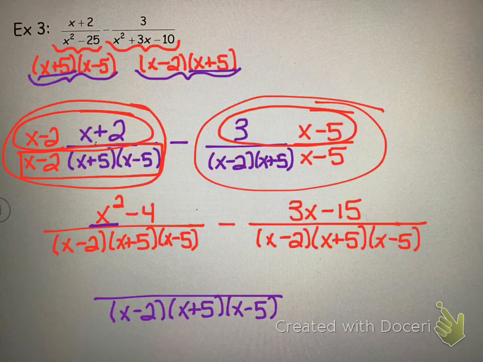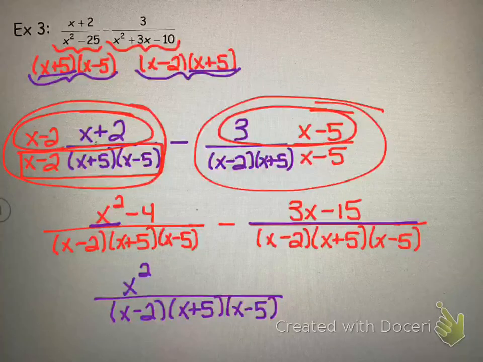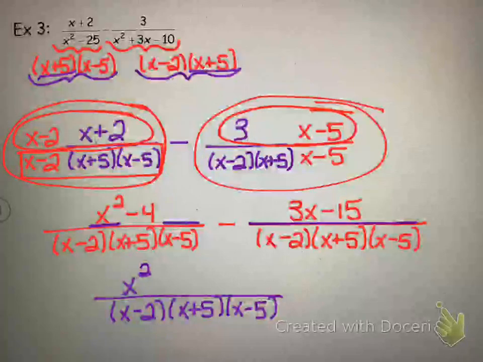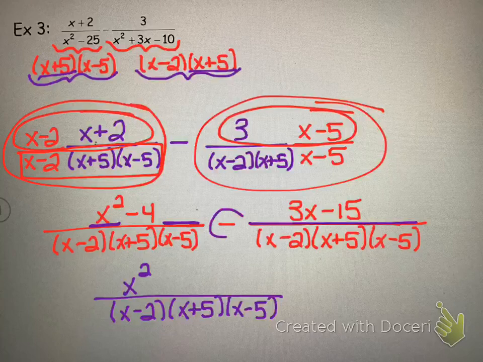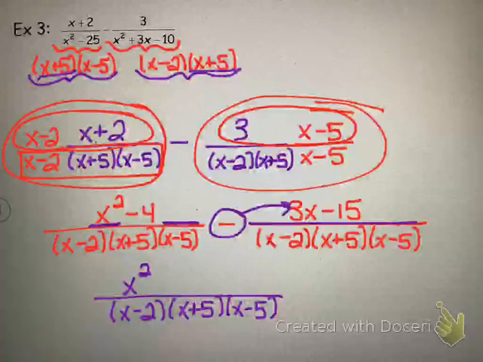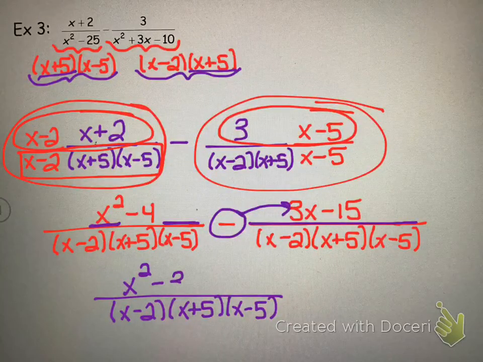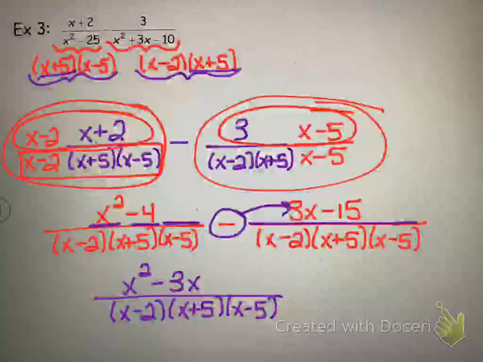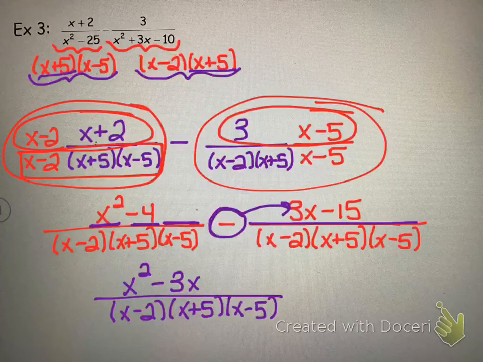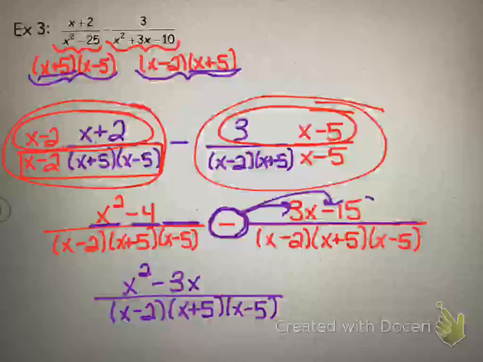And I've got this x squared right here. There's no quadratic term in this numerator to subtract from it, so it stays with an x squared right there. There's no x term in this numerator, so I'm just going to be subtracting the 3x that's in this numerator, so just minus 3x.